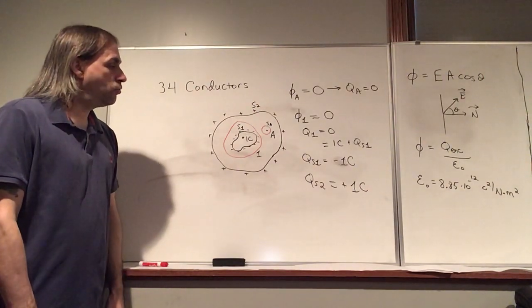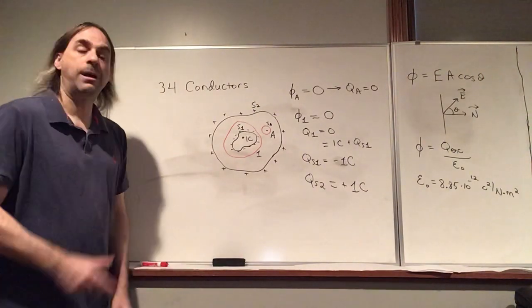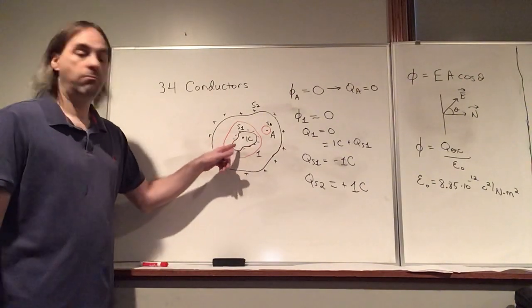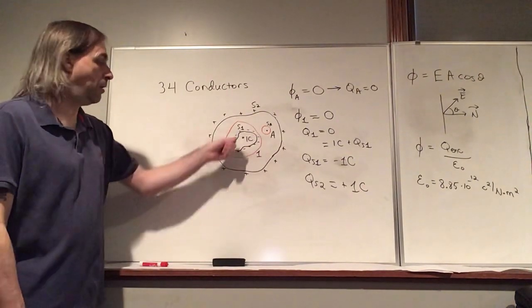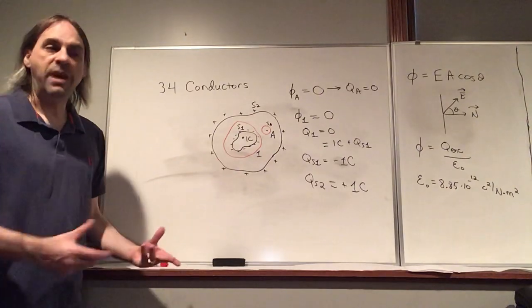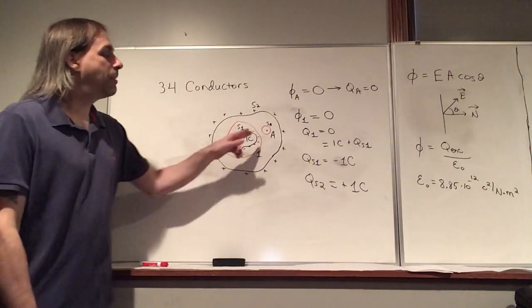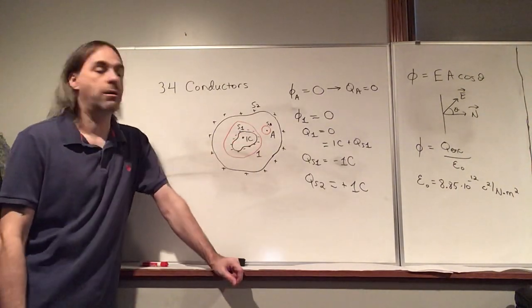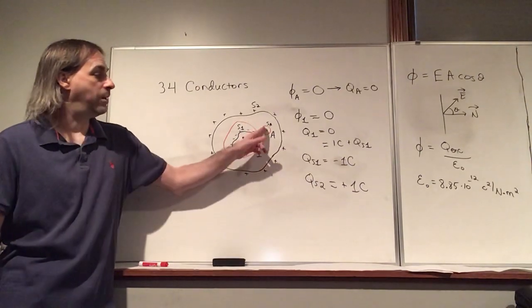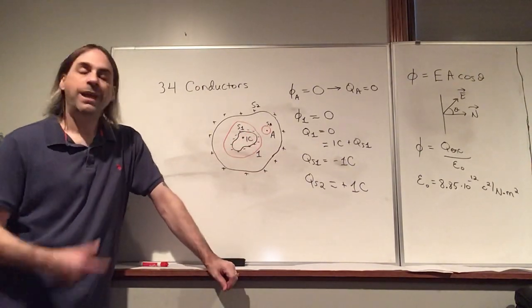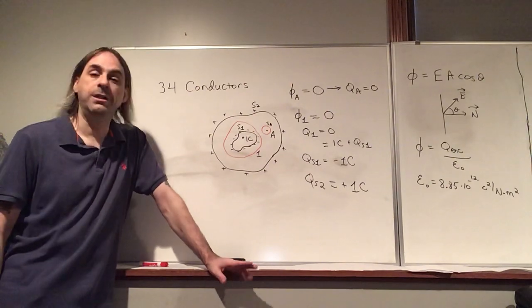And so there has to be a positive 1 coulomb somewhere other than this inner surface, but it can't be anywhere in the interior of the conductor, because we know at any point we look at inside the conductor the field is 0.